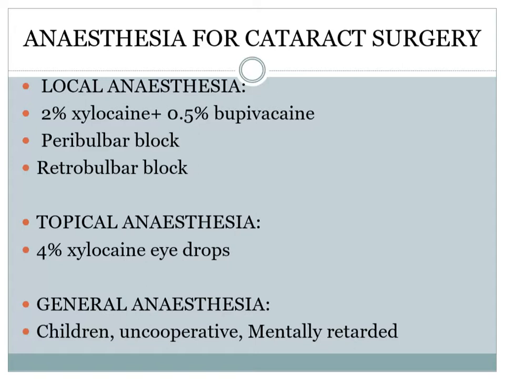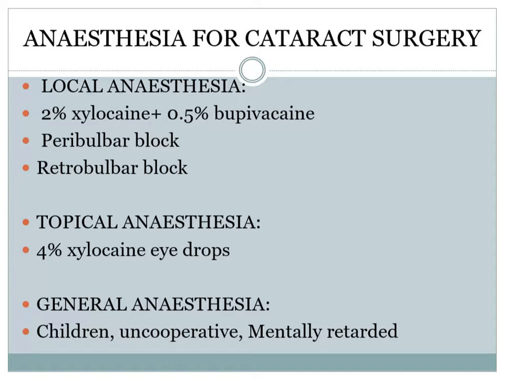So which are the patients where you have to give general anesthesia while performing a cataract surgery? This is another favorite question of the examiners. The conditions are pediatric cataracts. In children, when you want to perform cataract surgery or any kind of surgery, you go for general anesthesia. Next is very uncooperative patients, like say they are totally deaf mute.